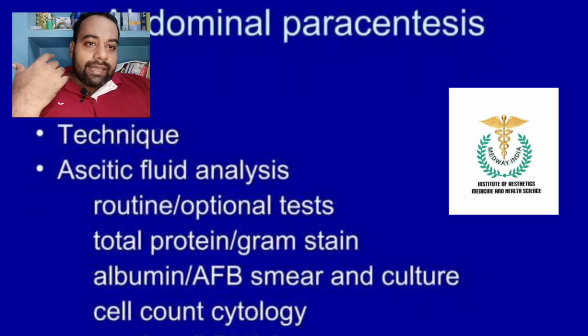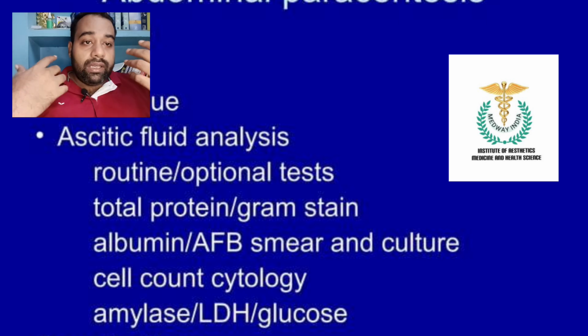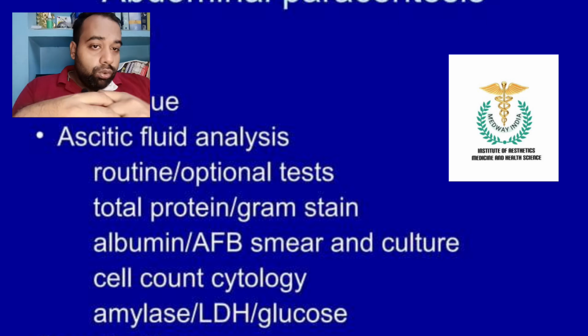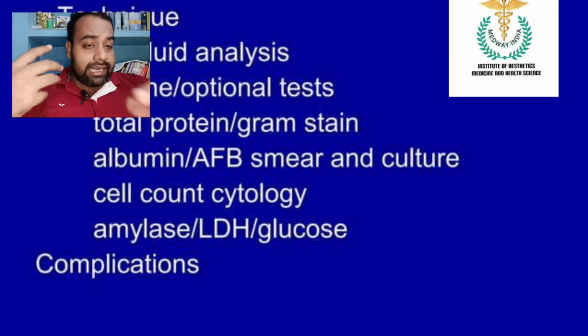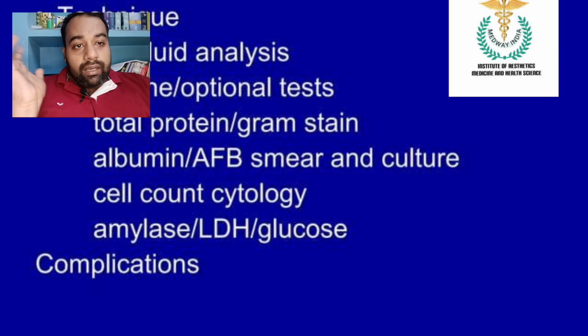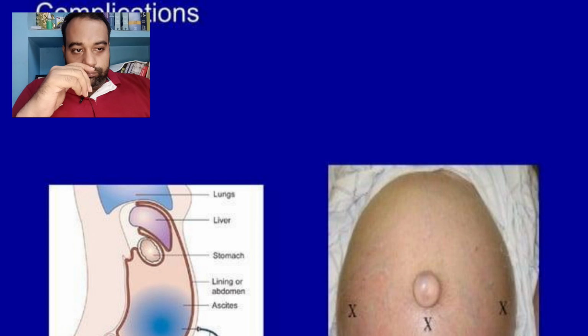Now, obviously, ascitic fluid analysis is very important while diagnosing the cause: total protein, gram stain, glucose, chloride, cell count, cell type count, amylase, LDH, and also AFB smear and culture in some cases.